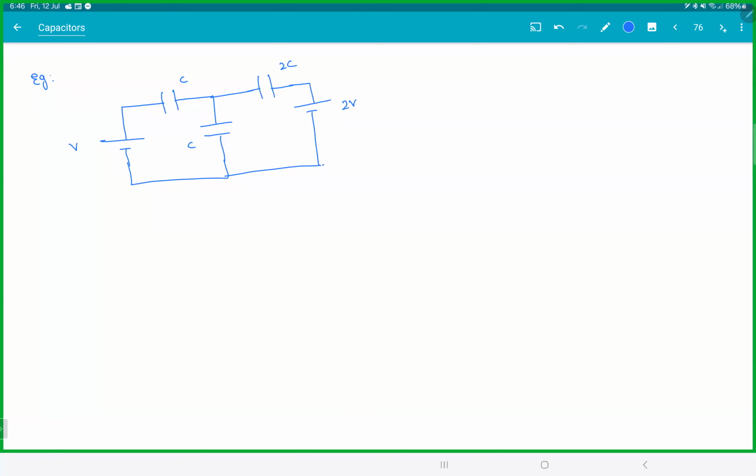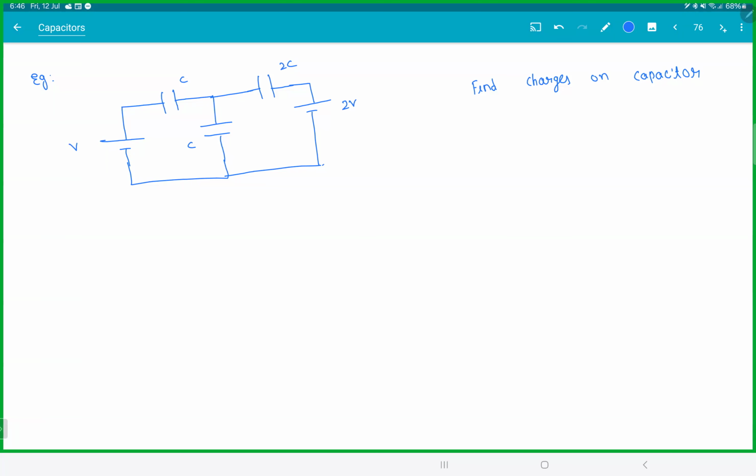Now I want to find the charge on the capacitances. The biggest hint that you have to use Kirchhoff's law is when you see two batteries. So whenever you see a circuit, think like this. Is there anything in series and parallel? Nothing. Anything in Wheatstone? Nothing. Nodal analysis, no. Symmetry, no. Gone. All four cases are no.